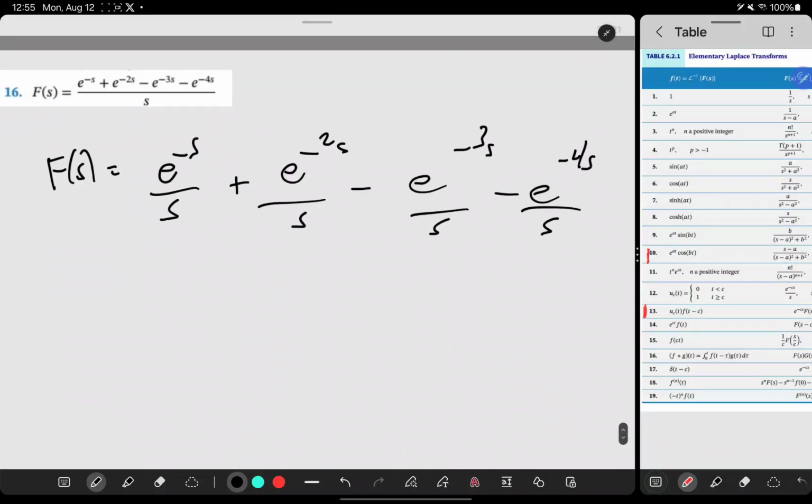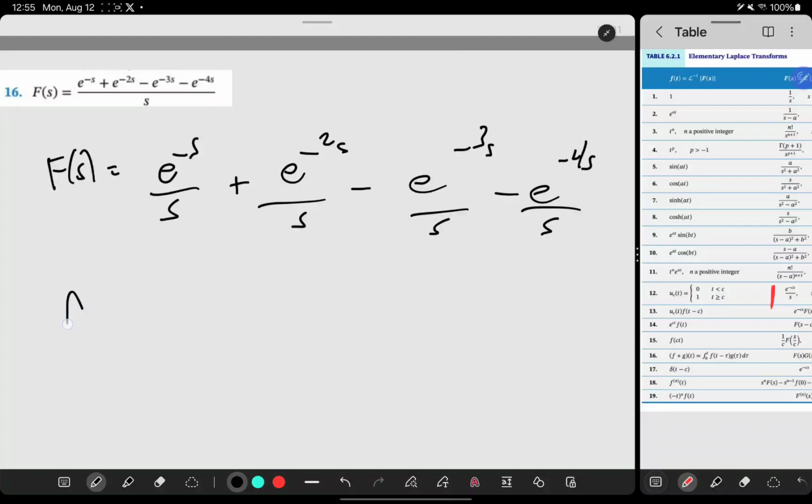Right? Then we would use, see this one right here? We'd use this one. So it's just u to the c of t.